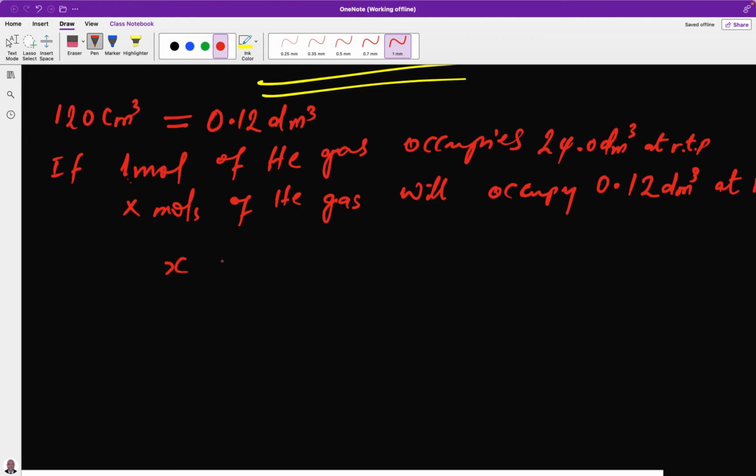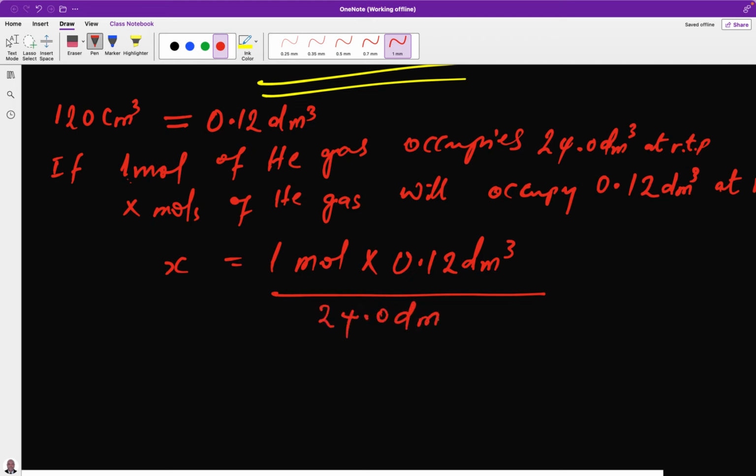Our value of x will be, we cross multiply: 1 mole times 0.12 dm cube divided by 24.0 dm cube.